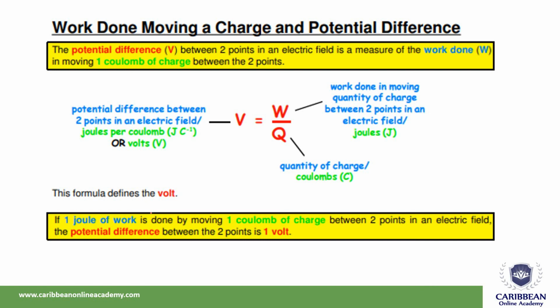But in order for us to do that, we must be able to talk about this quantity that we refer to as potential difference. It says: potential difference between 2 points in an electric field is a measure of the work done in moving 1 coulomb of charge between the 2 points.